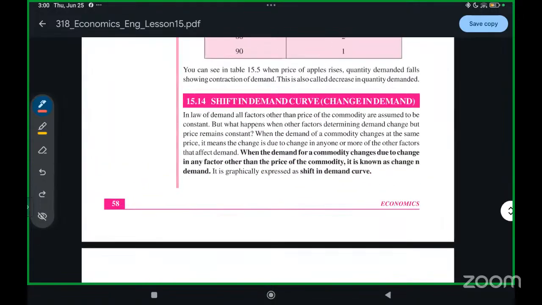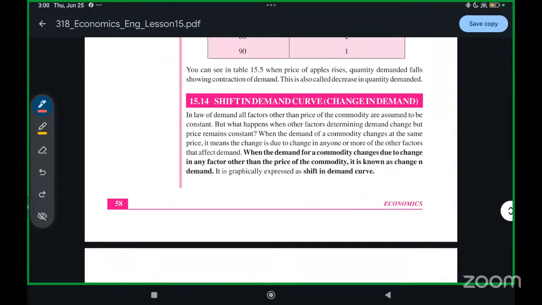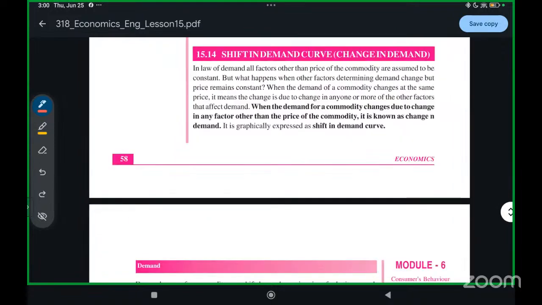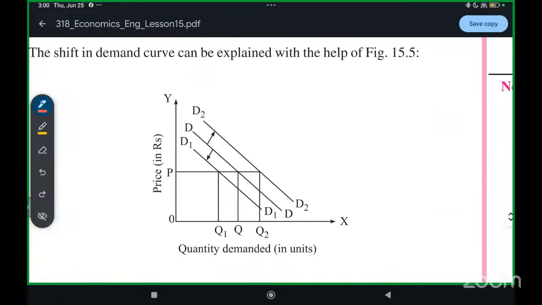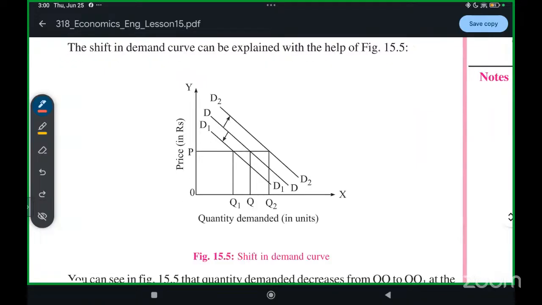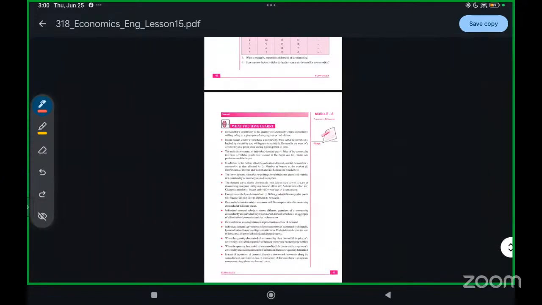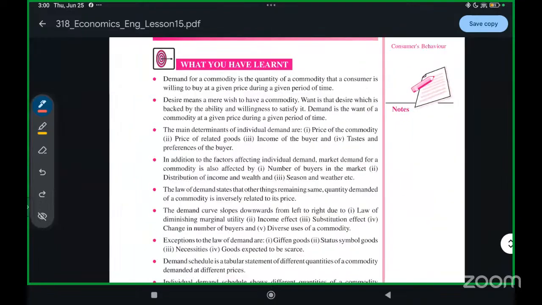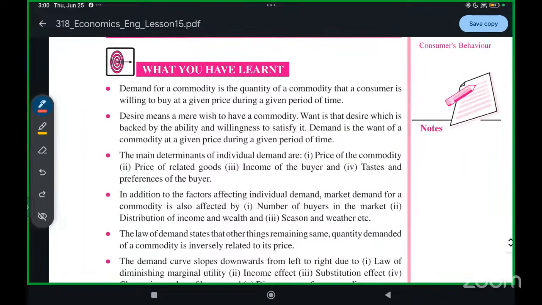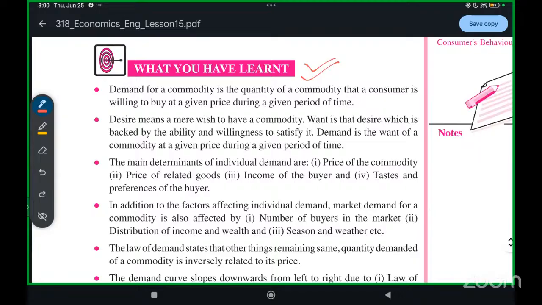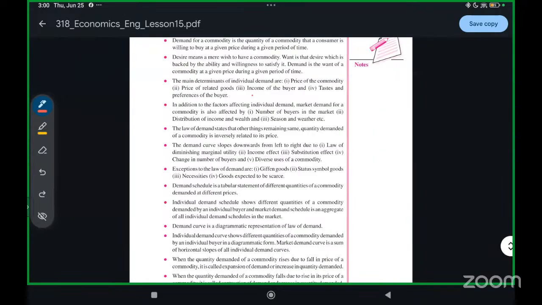Then we saw shift in demand curve, a change in demand due to change in the quantity demanded even though the price was the same. So that was all about your chapter. This is what you have learned. You can read this as a summary at home today.